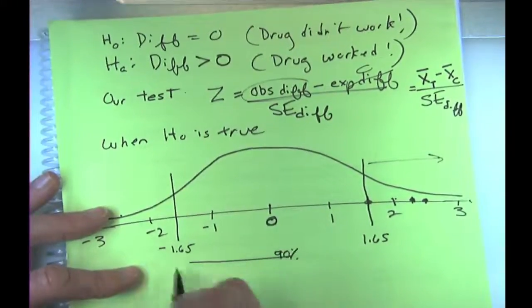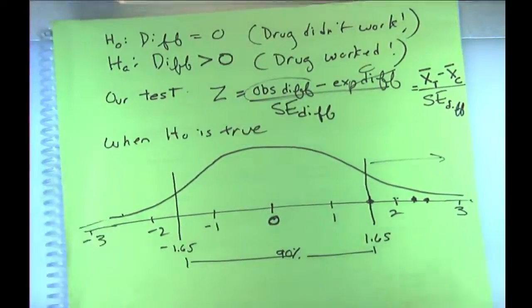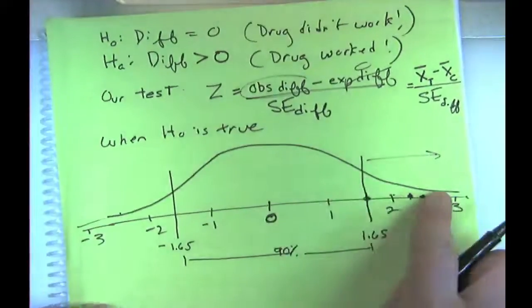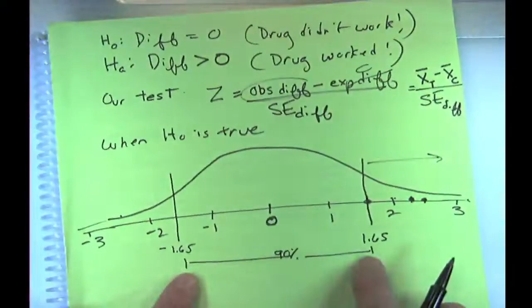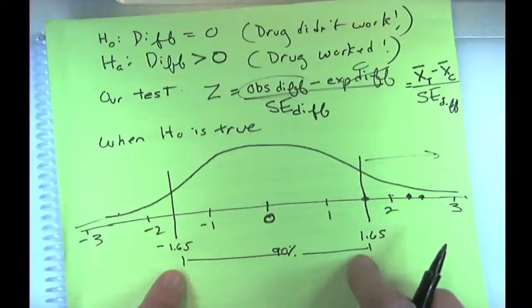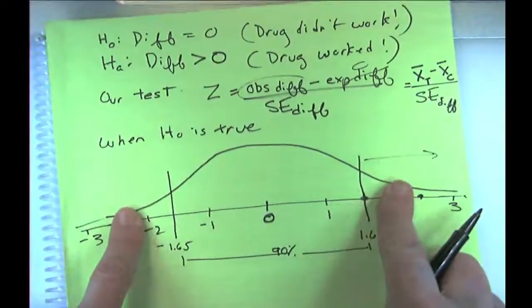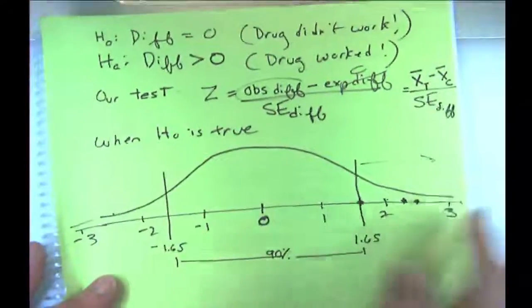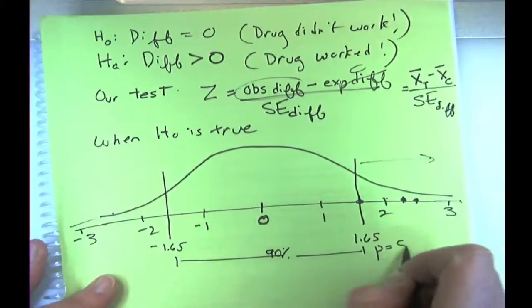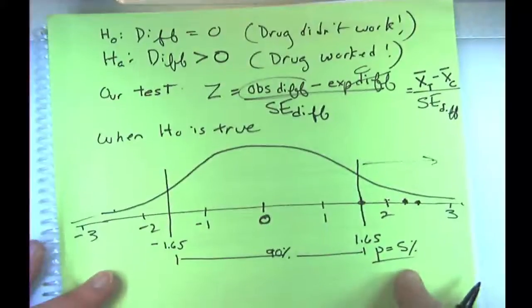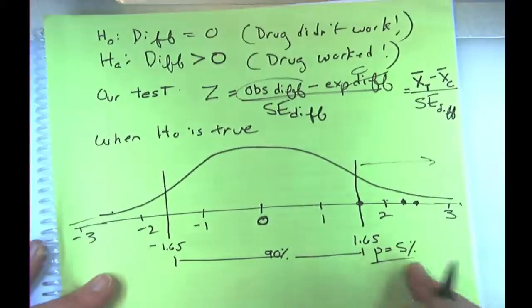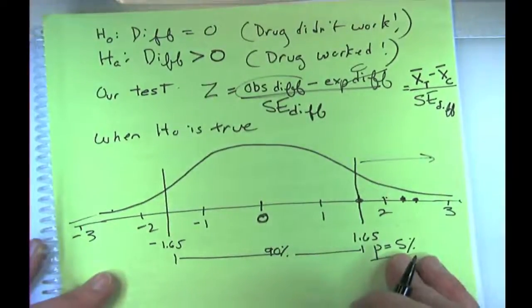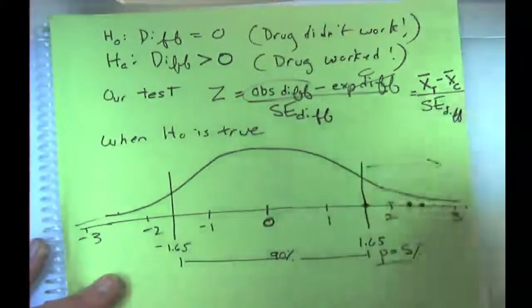That's 90%. All right, and you want this area, all that. So if 90% is in the middle, the whole thing's 100%, so that means 10% is in the two tails. But remember, we're doing just one tail, so this would be p equals 5%, which is sort of the standard cutoff. You'll see that a lot, p equals 5%, a conventional cutoff. All right, so you just happened to land on a conventional cutoff.